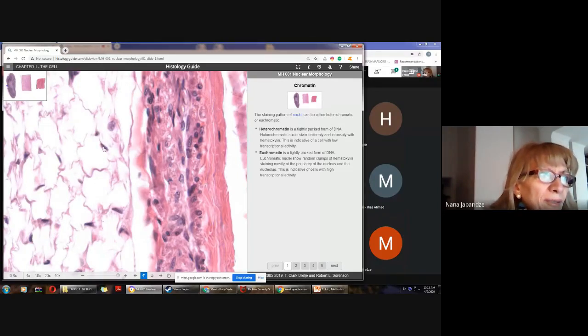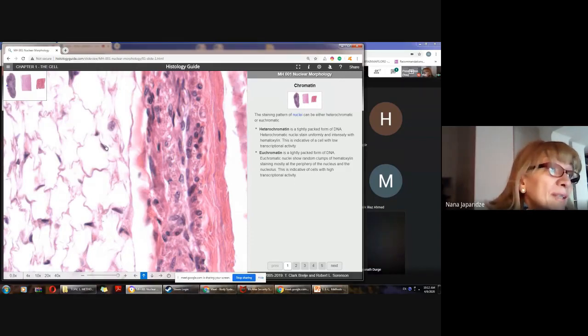What is characteristic of this nucleus is that it is quite densely stained. You can't see the nucleolus here. And we have here the prevalence of heterochromatin and less euchromatin. It means that the cell is less active.